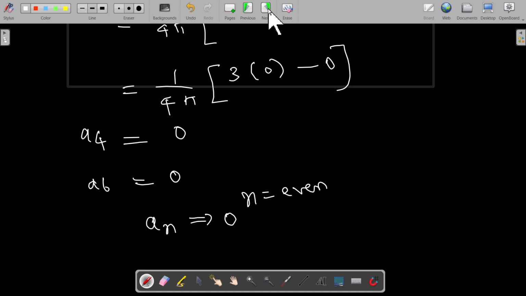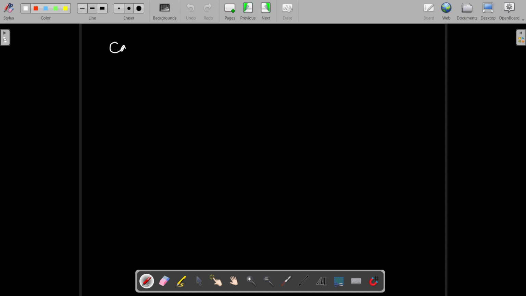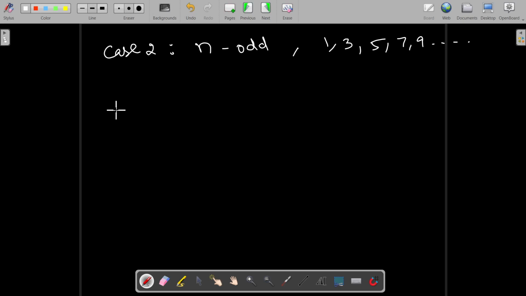Now we move on to case 2, where we consider n as odd values. Odd values means we have to find it for 1, 3, 5, 7, 9, 11, and it goes on like that. So what is the expression for this an?